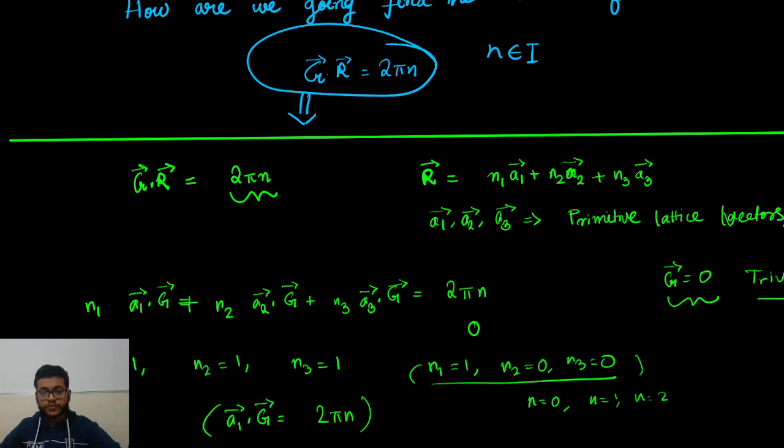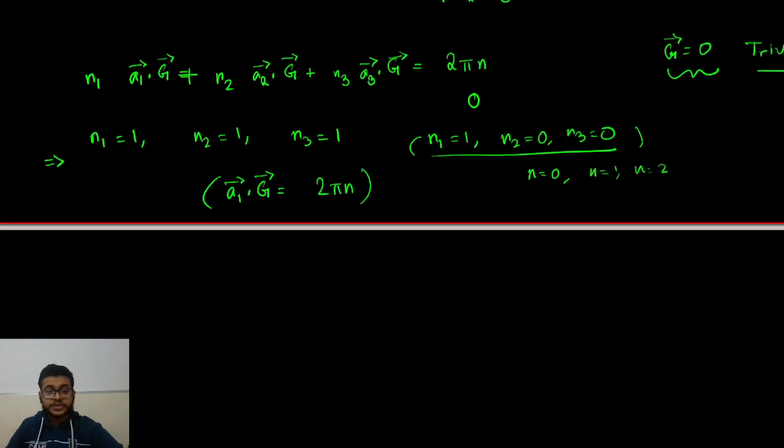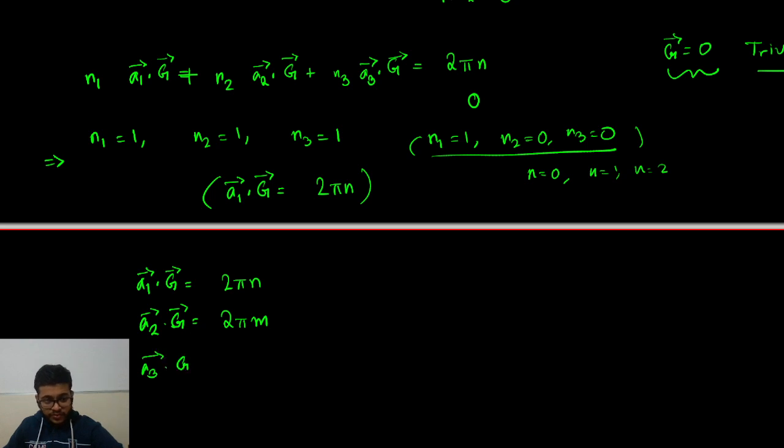Okay, so similarly, if we put this, we will get that all of the g vectors will satisfy 2 pi n for a2 dot g, equals some 2 pi m, where n, m, k are integers.